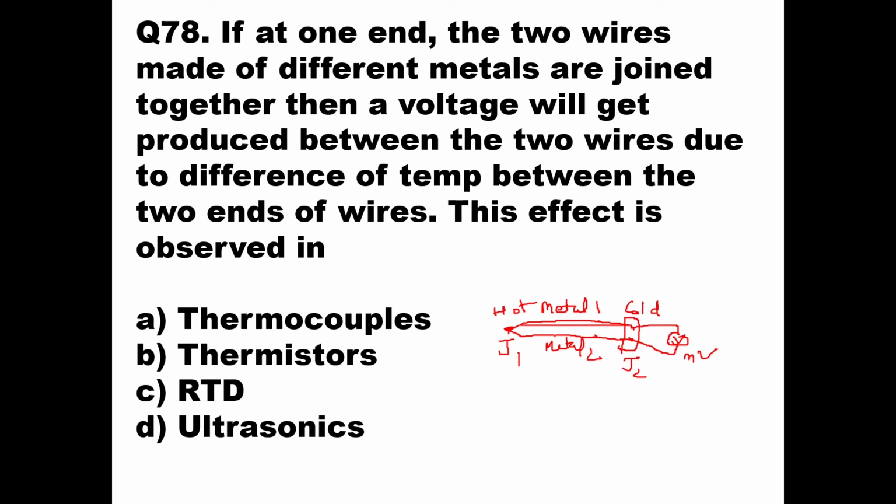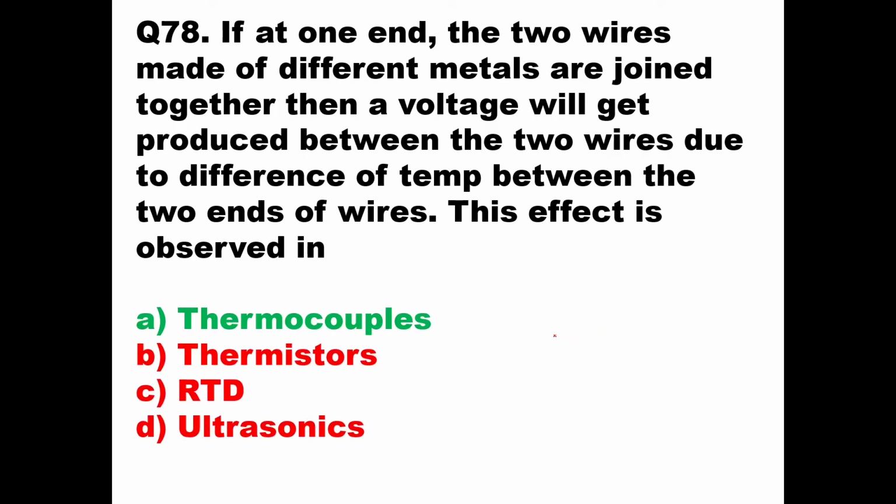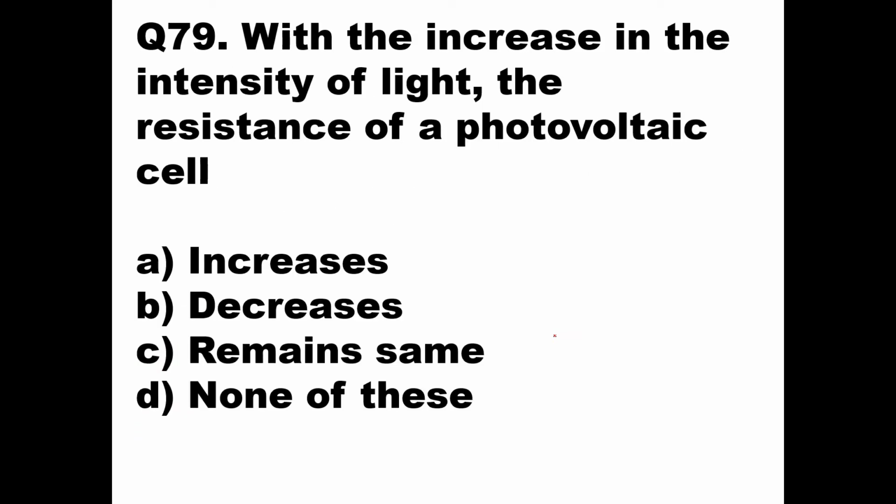If you know the reference junction temperature, then as the hot junction varies, the millivolts will vary. So here the temperature is converted into millivolts. So this is the concept of thermocouple which works on the Seebeck effect. So here option A will be the right answer. Then we'll go to the next question, question number 79.